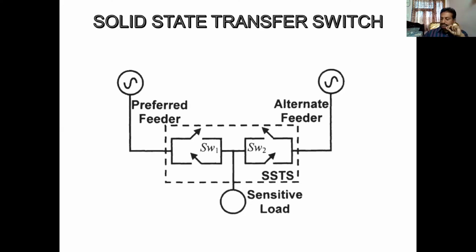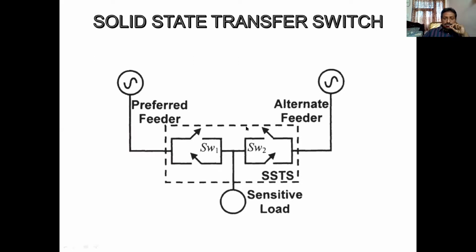Then we will continue with the solid state transfer switch. What is this solid state transfer switch, and where can we use it? A solid state transfer switch can protect a sensitive load from voltage sag or interruption by quickly transferring the load to a healthy feeder.